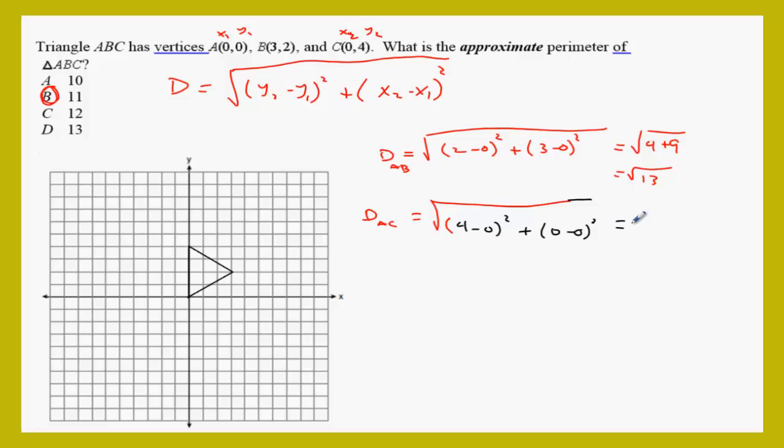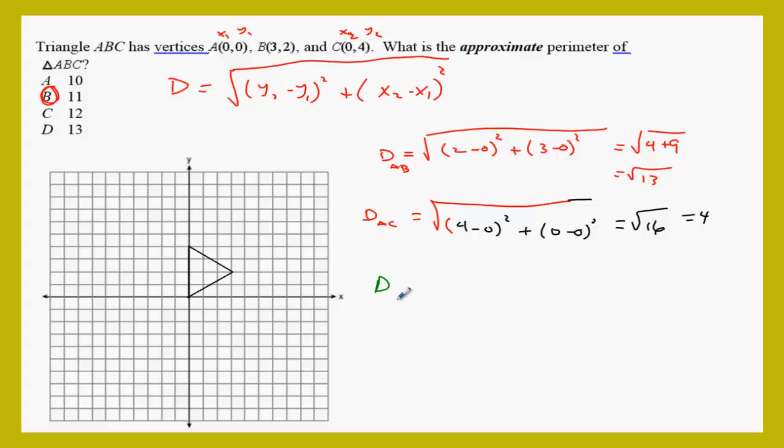That's going to be the square root of 4 to the power of 2, which is 16, and of course 0 minus 0 is 0 squared is 0. So square root of 16 equals 4. This is the first one, this is the second one. For the third side, you got AB, you got AC.